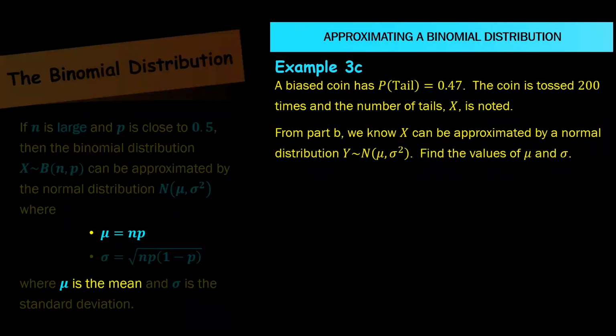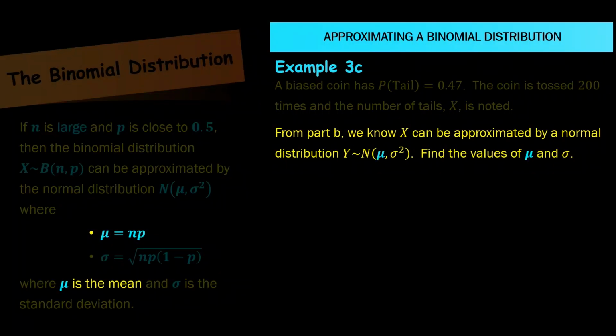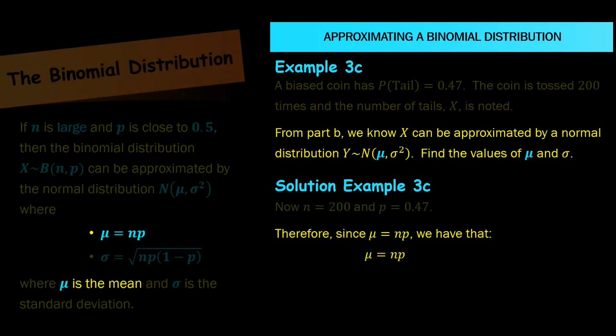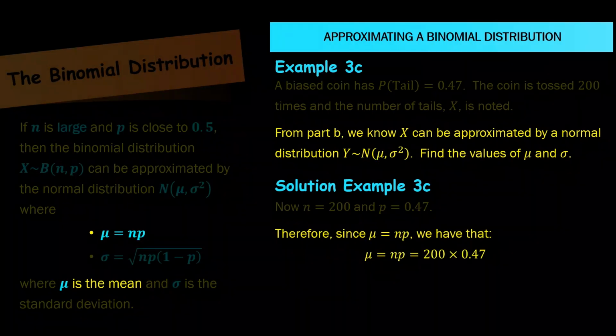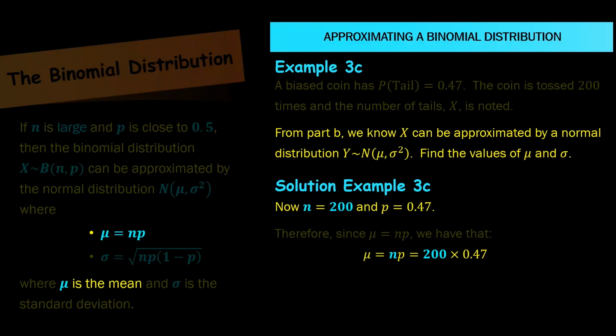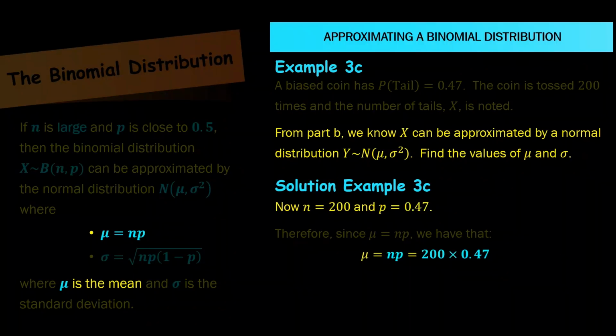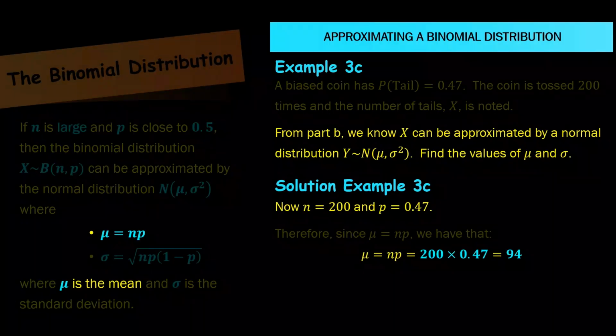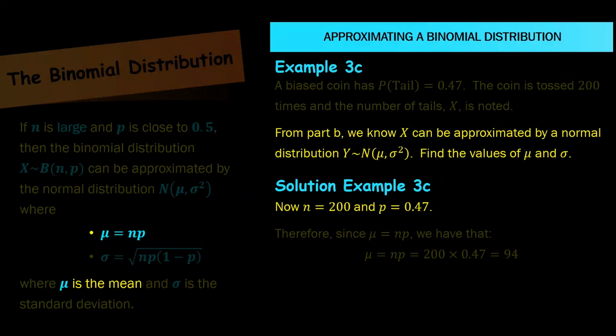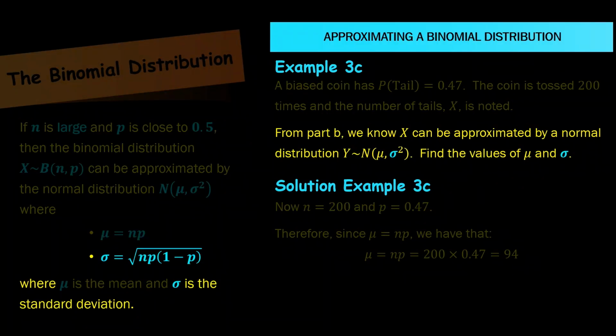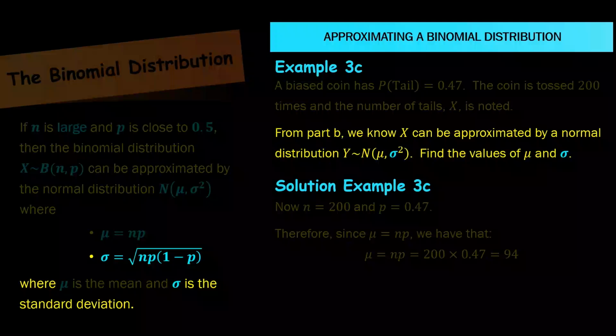So remember that mu, the mean, equals n times p. Therefore, since n equals 200 and p equals 0.47, we have that mu, the mean, equals 94. We also have this formula for the standard deviation. Sigma equals square root of np times 1 minus p.